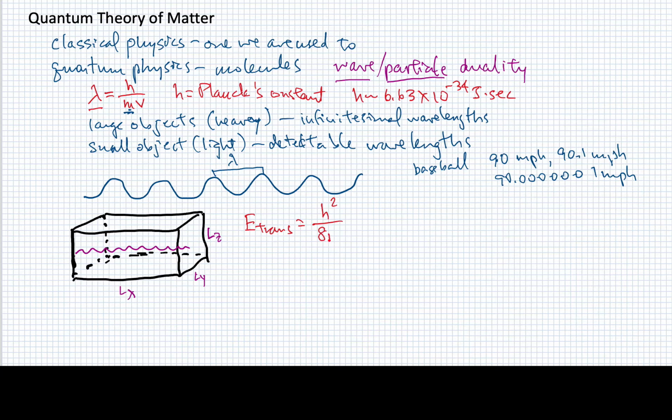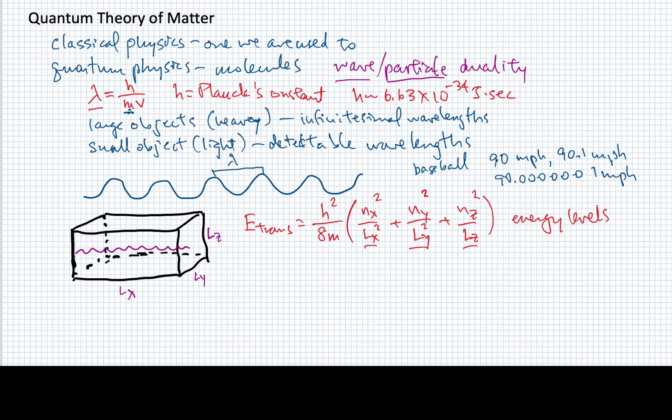And this is what gives us the energy levels that are allowed by the fact that this particle has to be a wave and it has to have a set number of wavelengths that fit inside this box, which is basically outlined by these 3 dimensions.